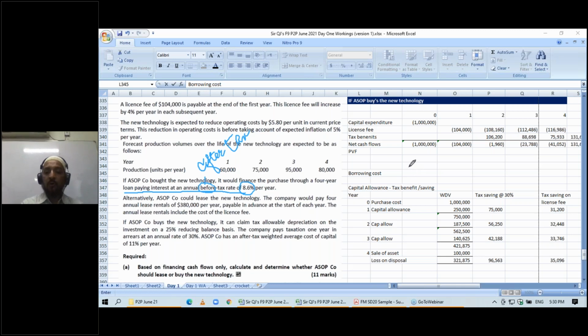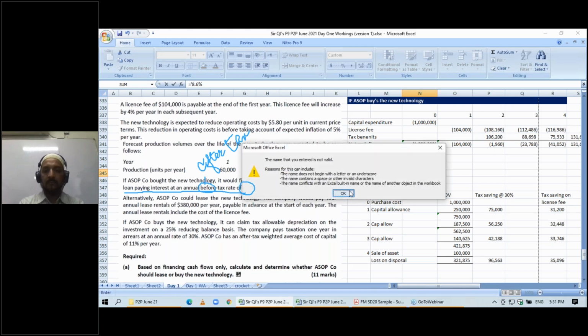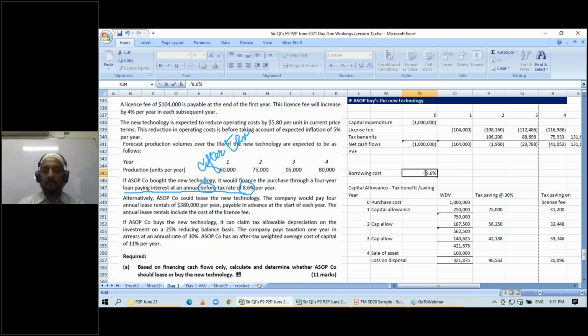So what's the formula for this? Borrowing cost should be net of tax. They've given you the borrowing cost of 8.6%, which is before tax. So you have to take the borrowing cost net of tax.